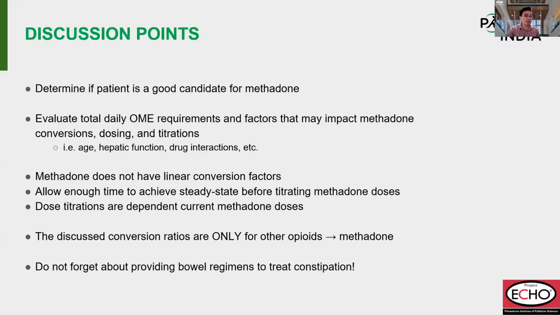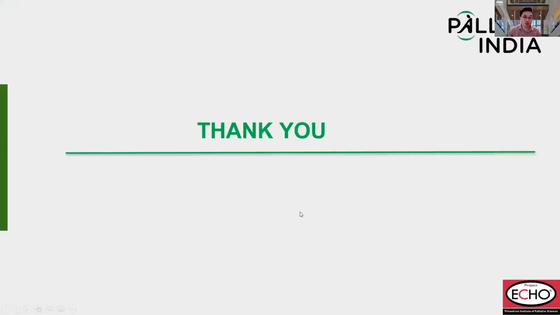So typically 5 to 7 days, but in advanced age over 65 or hepatic dysfunction, we may want to be more conservative and wait towards 10 to 14 days, because we anticipate there is probably reduced metabolism, making a longer half-life. Therefore, the steady state will take longer. And this conversion ratio is only from morphine to methadone. And don't forget to add on bowel regimens for constipation, since methadone can still contribute to constipation.